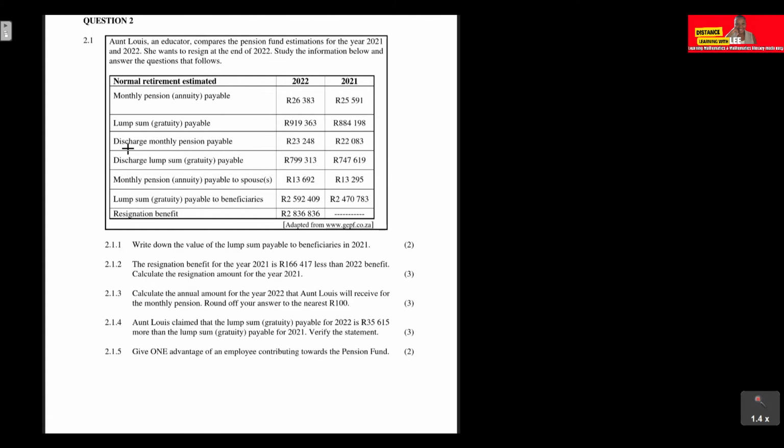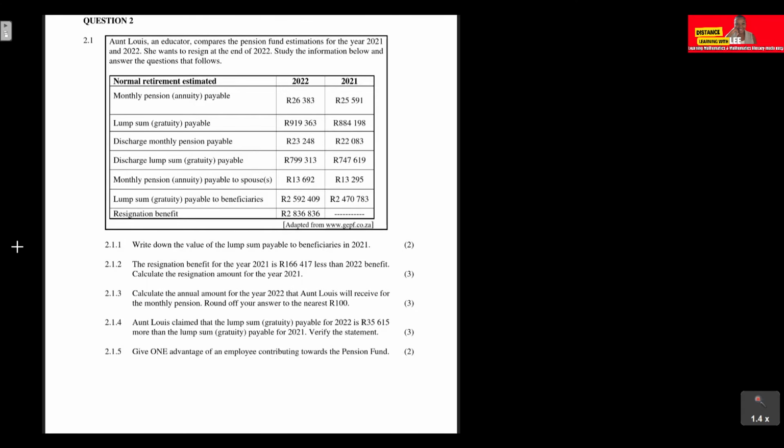We are given the discharge monthly pension payable, right? For the 2 years, we're given the discharge lump sum gratuity payable. For the 2 years, we are given the monthly pension annuity payable to your spouses. Okay, so your husband or your wife. So spouse is your husband or wife, right? We are given the lump sum gratuity payable to beneficiaries, right? And we are given the resignation benefit.